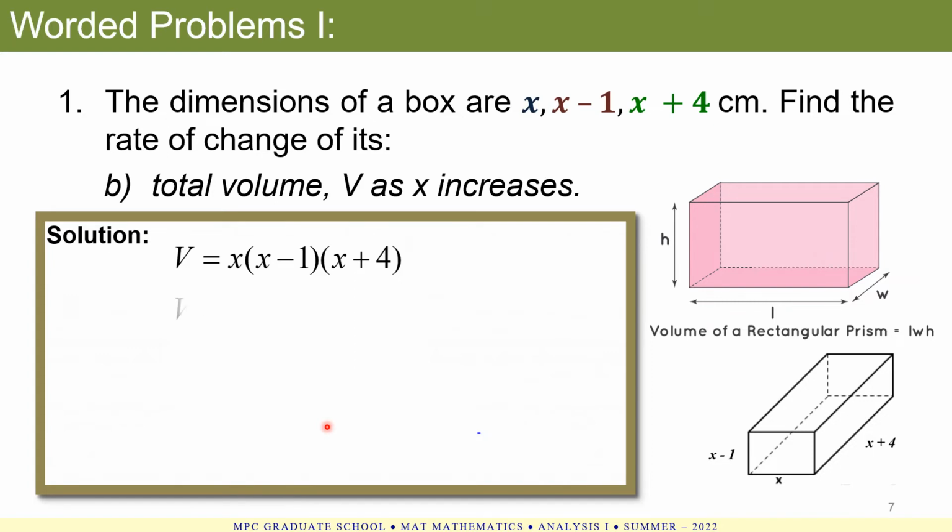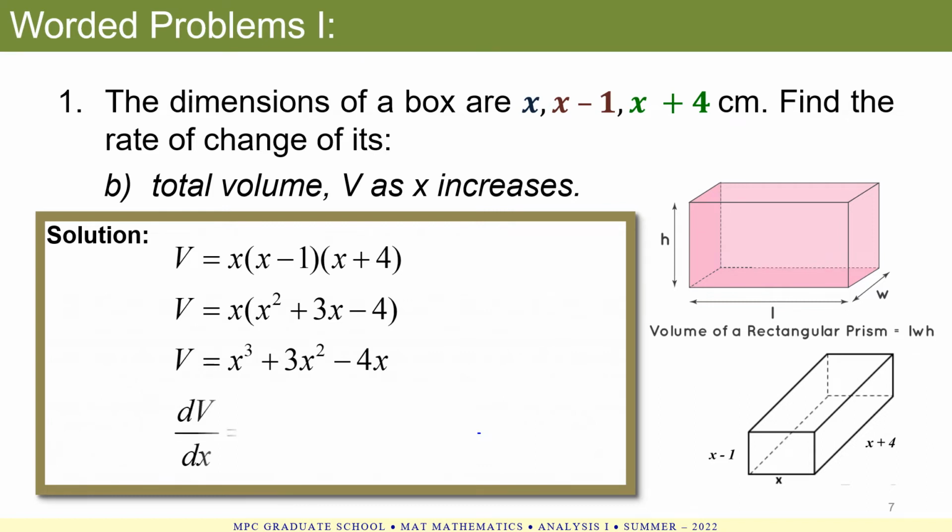Multiplying them gives us x times x squared plus 3x minus 4, and that is x cubed plus 3x squared minus 4x. Then finding the derivative of that, it's going to be 3x squared plus 6x minus 4 cubic centimeter over centimeter.